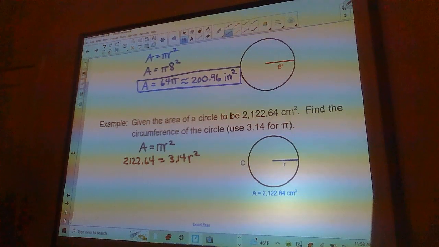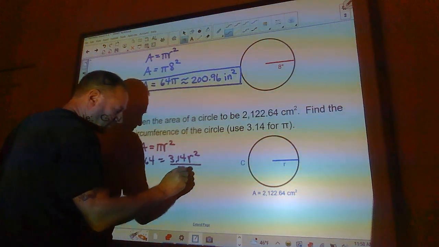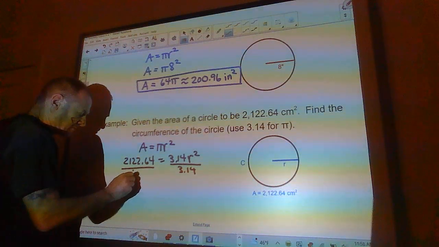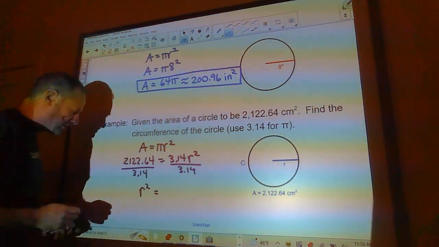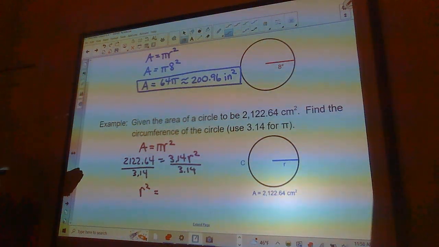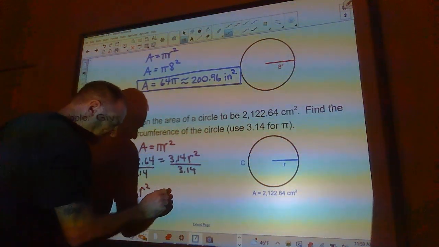We don't know the radius, so we're going to figure that out. So we will solve this by dividing both sides by 3.14. That leaves us with r squared on this side. 2,122.64 divided by 3.14 comes out to be 676.